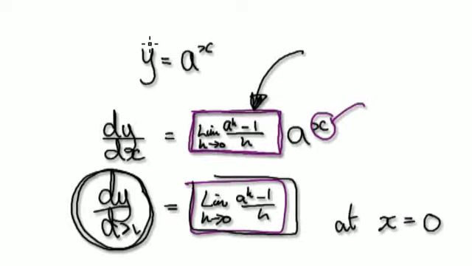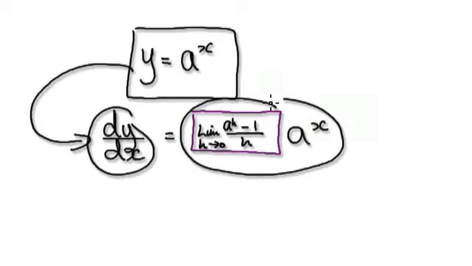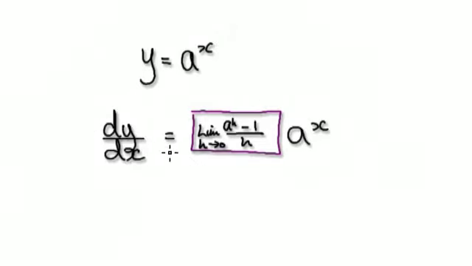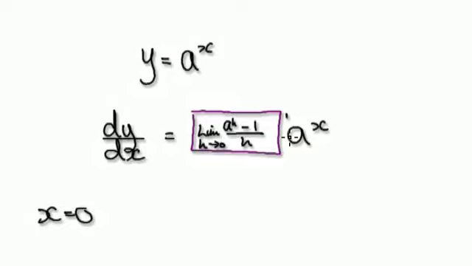So hang on, start again here. Originally y equals a to the power of x, and when you differentiate it, you get this. So dy by dx equals this thing here. Now find the gradient at x equals 0. You put the 0 into this x here, and this thing becomes 1.